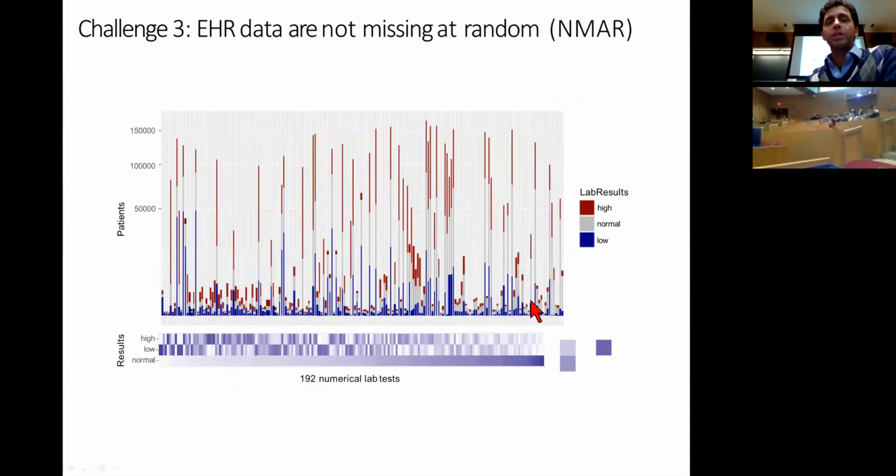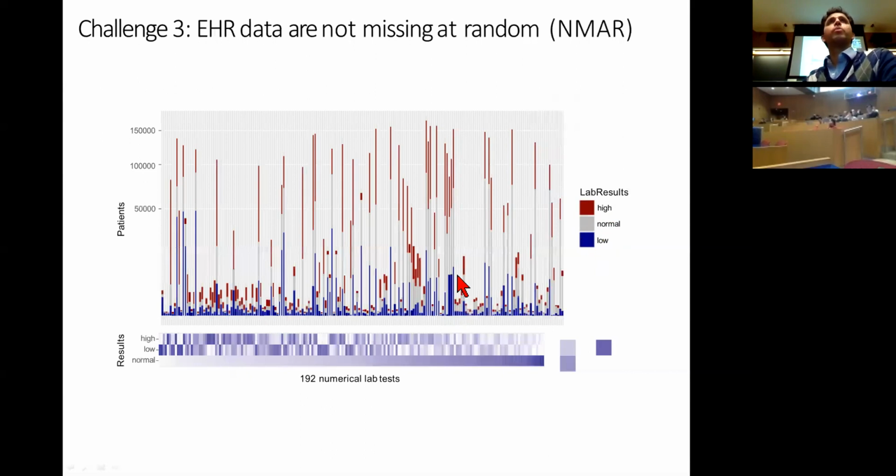Each column is one lab test. And then you're asking what fraction of people showed a normal score versus what fraction of people were in the top 1% or the bottom 1%. And you can see here that 20% of the people are in the top 1% and another 20% of the people are in the bottom 1%.